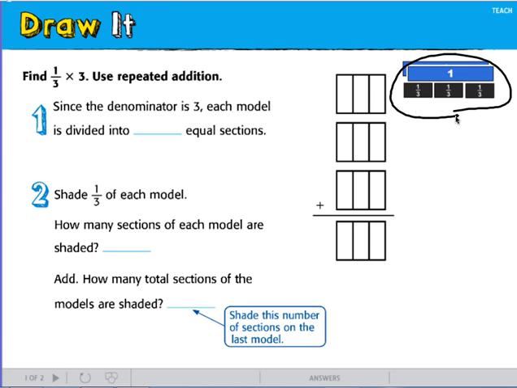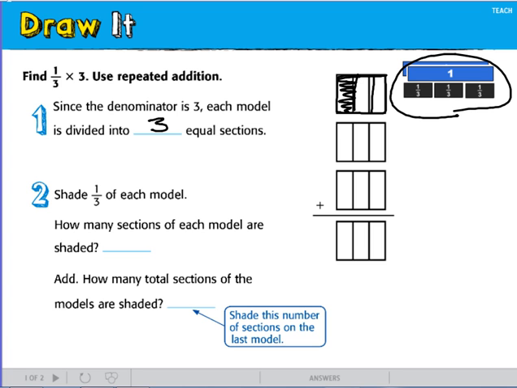Then what we're going to do is we're going to draw inside our book. So I'm going to color in 1 of each of these things that are separated into 3 equal sections. Okay, so each one, this is our model of 1/3. So there's 3 sections, right? Okay, so I need to shade in 1 of those sections.